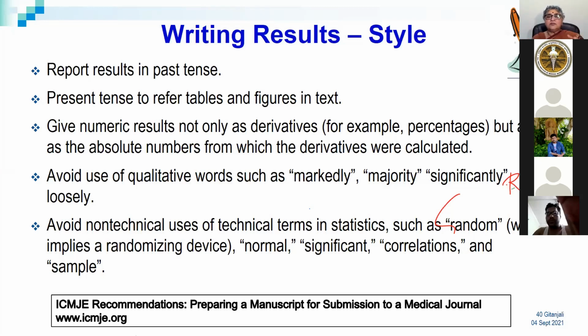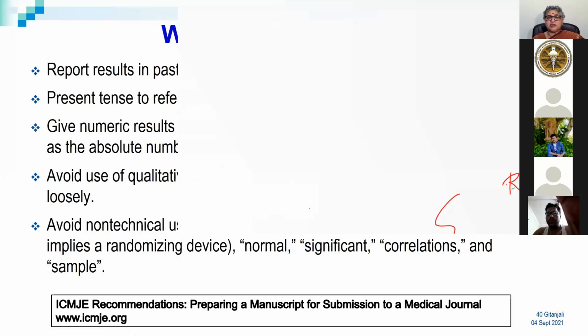So make sure that we also know what the absolute numbers are, and don't use qualitative words loosely. These non-technical uses of technical terms should be avoided. If it is significant, it should be statistically significant. If it correlates, the test for correlation should be significant. Okay. So this you can read up from ICMJE recommendations.